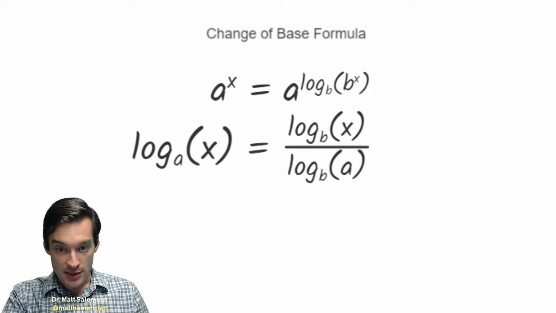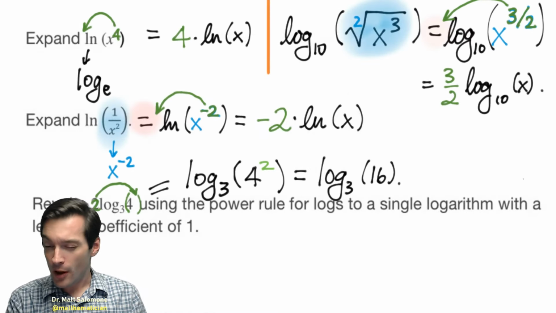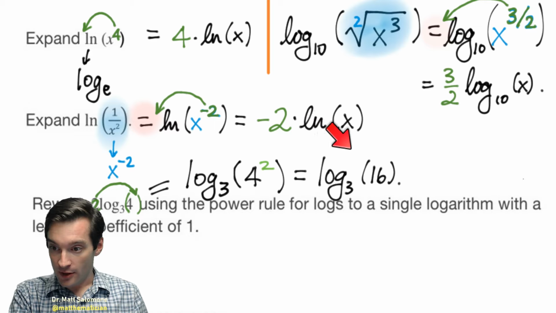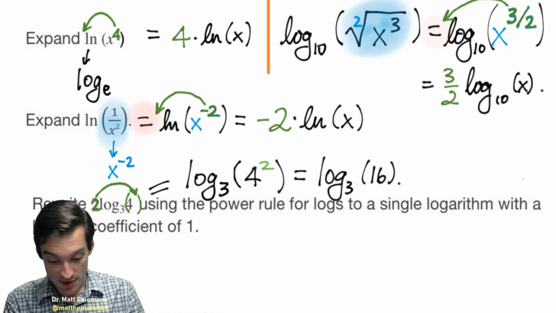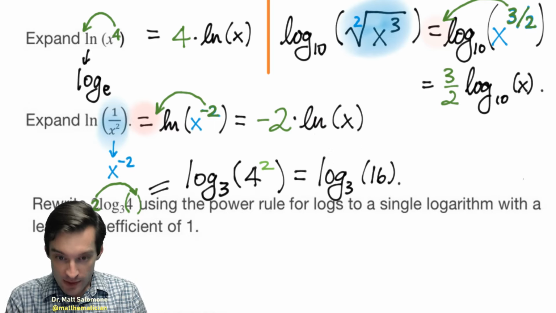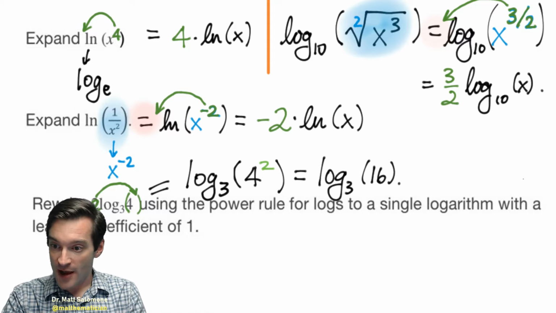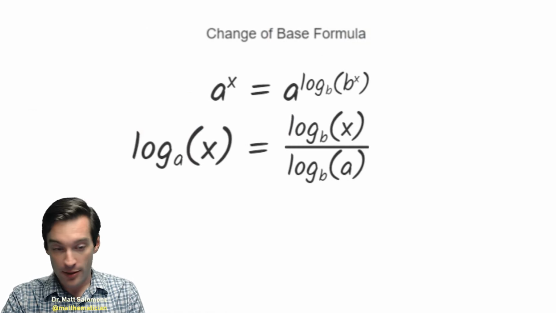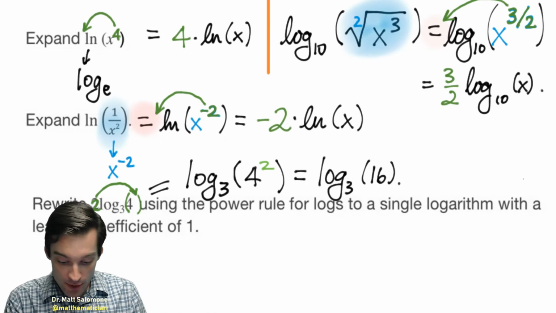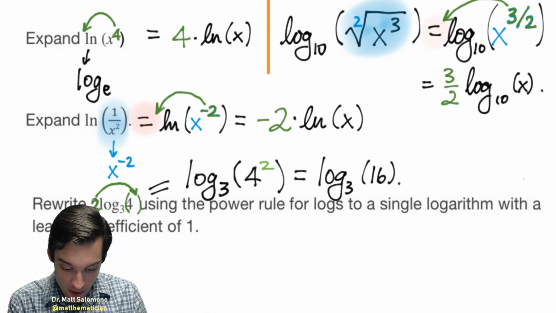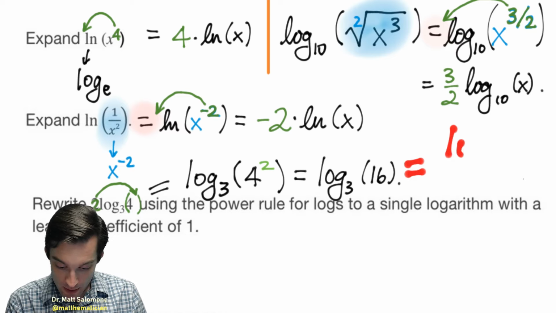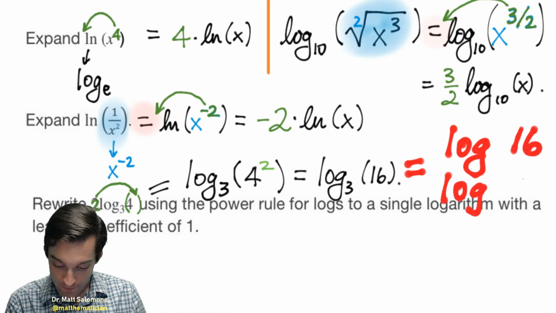Let's go back and use it to, first of all, revisit the question of the log base 3 of 16 that we just set down a moment ago. According to the change of base formula, if I replace the role of a here by 3 and the role of x by 16, then the log base 3 of 16 is supposed to be equal to the log of 16 divided by the log of 3.